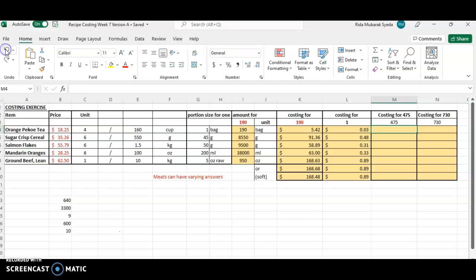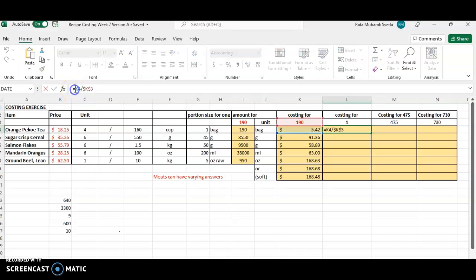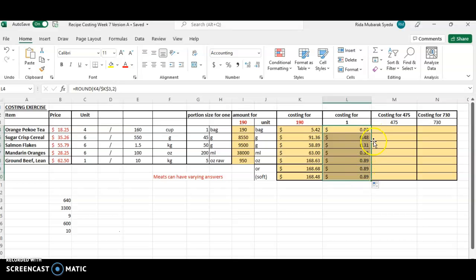Alright, and over here what I'm going to do is put the round formula because it did not round it. So I'll do the round, and 2 places and comma, enter, and now if I drag it down, it'll give me that.